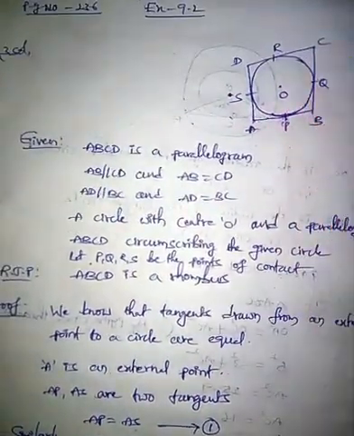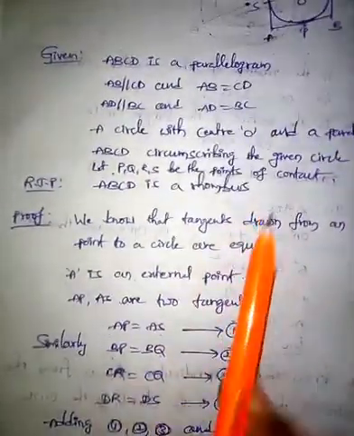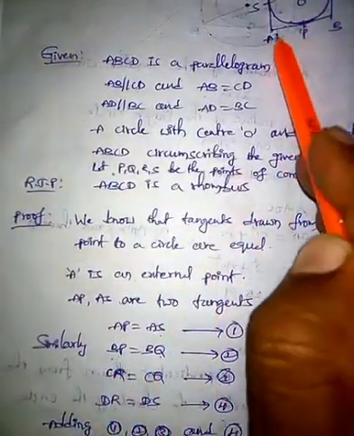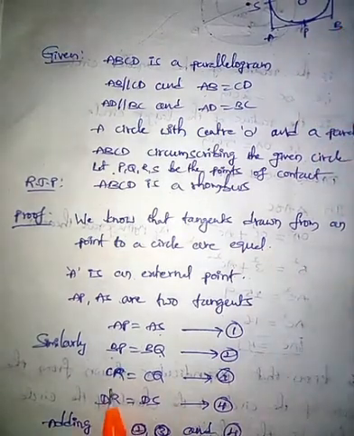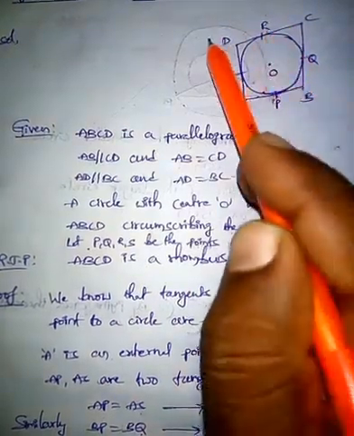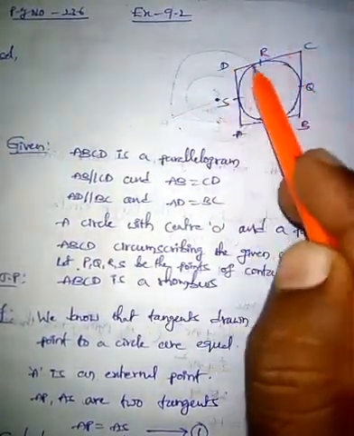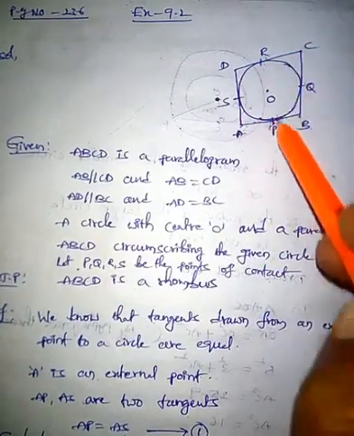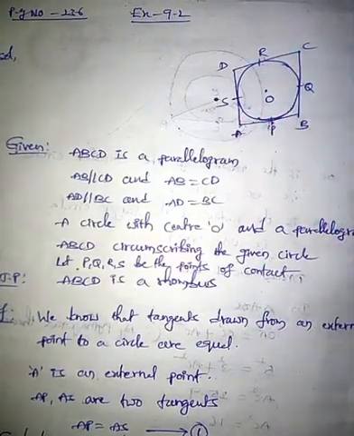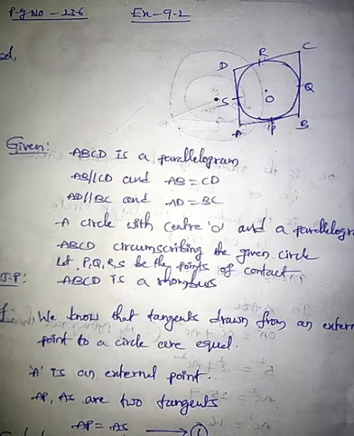Okay, next one CR and DR. If you observe this, AP BP, AP BP. Next one CR, so CR and DR. If you observe this, these four parts are parts on the opposite sides. Okay, so that's why you have to remember this.